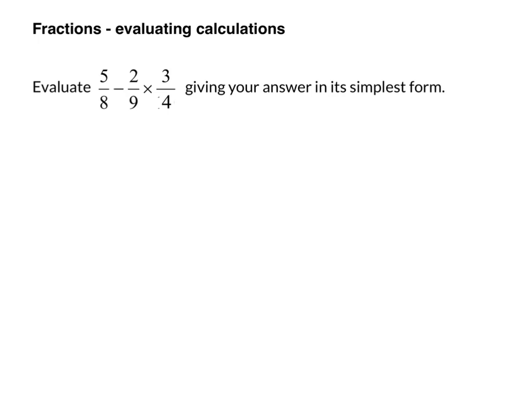So basically, I am going to have to zoom in on this bit here and carry it out first before I worry about dealing with that subtraction. So I have got 5/8 minus 2/9 times 3/4, and I'm going to focus on the multiplication first.